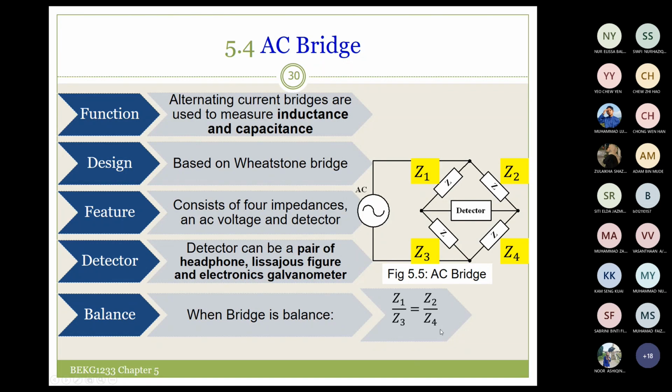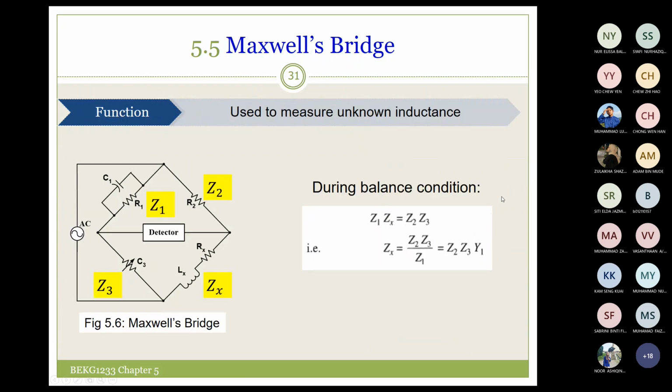The difference is we need to change into impedance. In the Wheatstone bridge we only use the resistors R1, R2, R3, and R4, but for the AC bridge we use impedance. Next, the function of the bridge is to measure the unknown inductance.